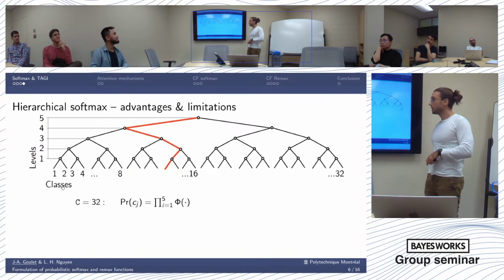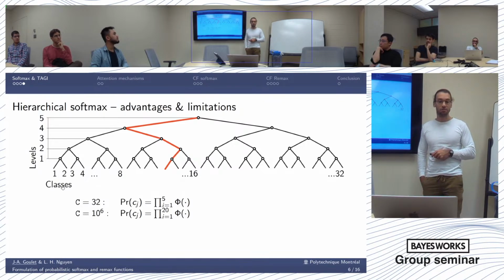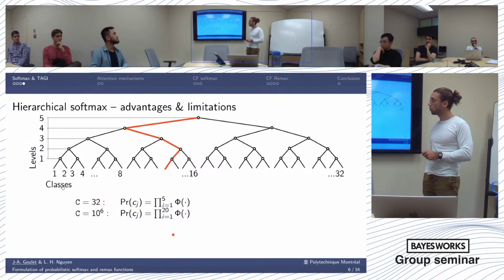So let's imagine we have 32 classes, like here. The probability of any class can be computed by simply taking the product of 5 normal CDFs. What if instead of only 32 classes, I have a big problem, I have 1,000,000 classes? Then I will only need 20 levels to model 1,000,000 classes.